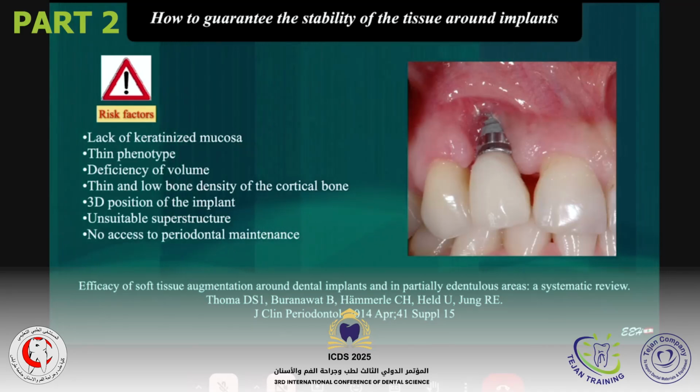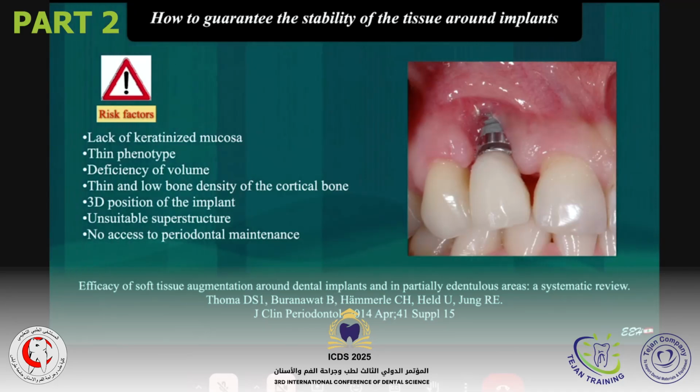If we have a thin phenotype or a deficiency of bone volume, and especially when we work in the upper jaw in the frontal side, we should remember that the bone is very thin, and after extraction we lose the vestibular bone, because it's the bundle bone, the periodontal bone.